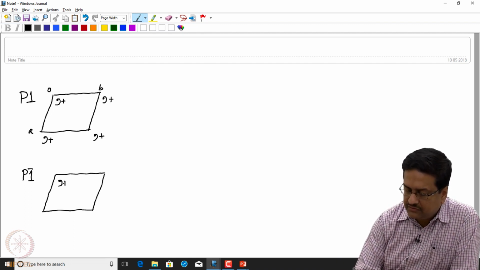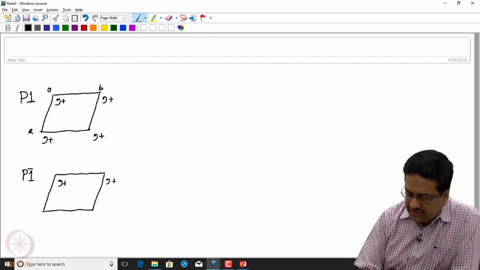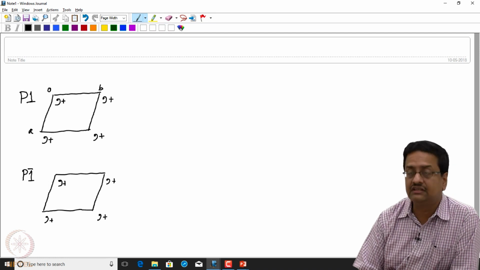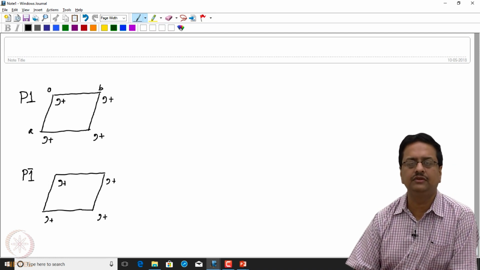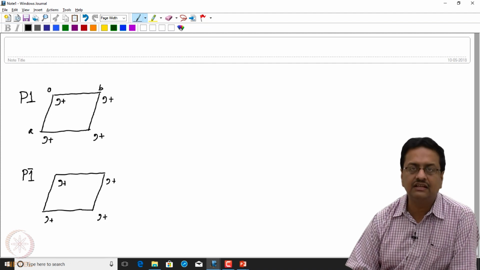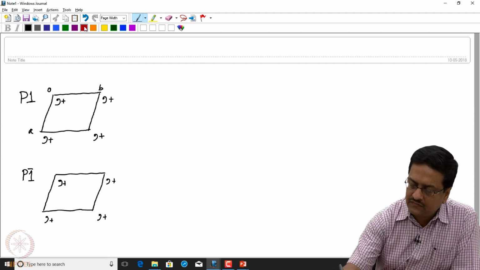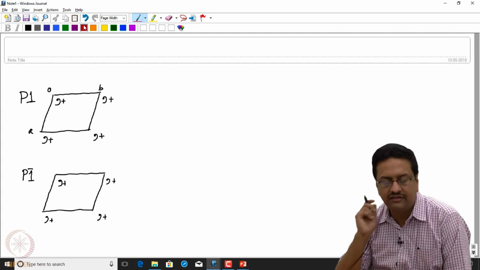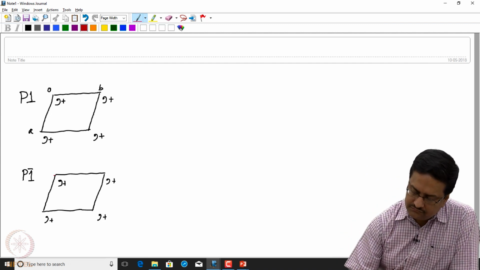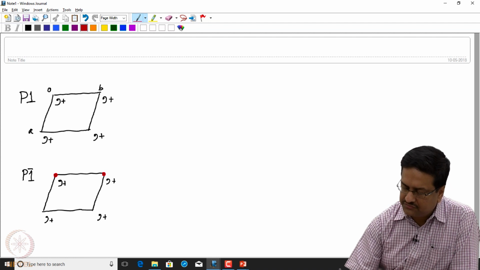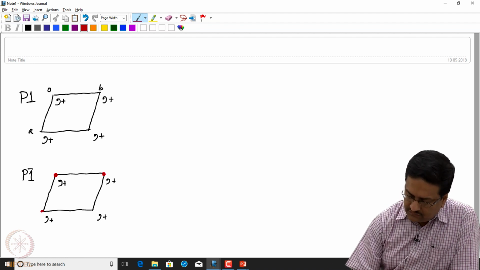So just like before, like P1, I am drawing the symmetry related objects first, which is the translational symmetry that is there in P1, and now when we say that it is 1 bar, the center of inversion that we have comes at the corners of the unit cell, as I am marking it as red.